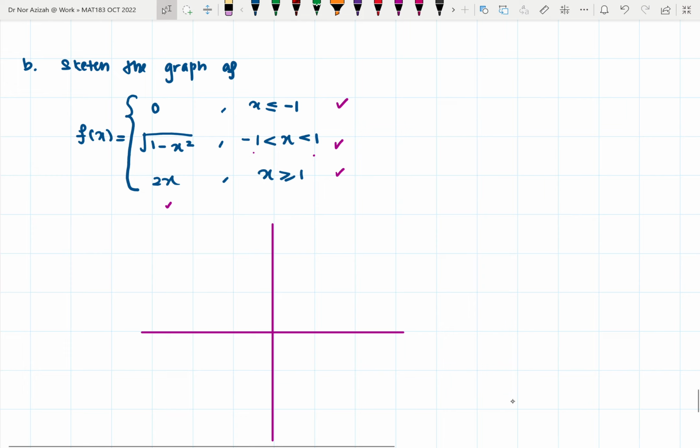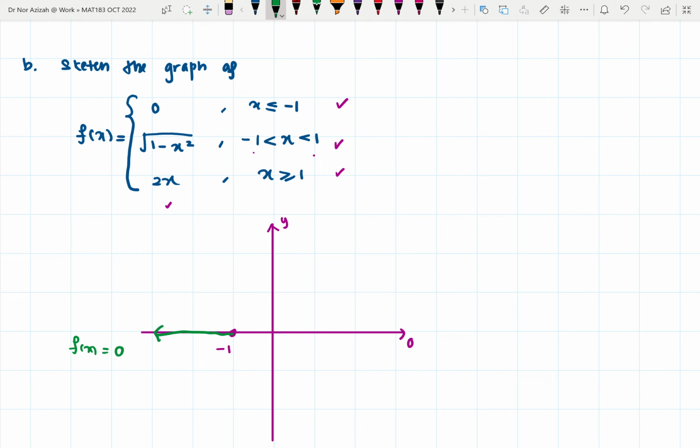So let's say this one is -1. f(x) equals 0, that means y equals 0, at x equals -1. Okay, so start from -1 here, so include it. For x less than -1, y equals 0, so start from here to the left. That's f(x) equals 0.